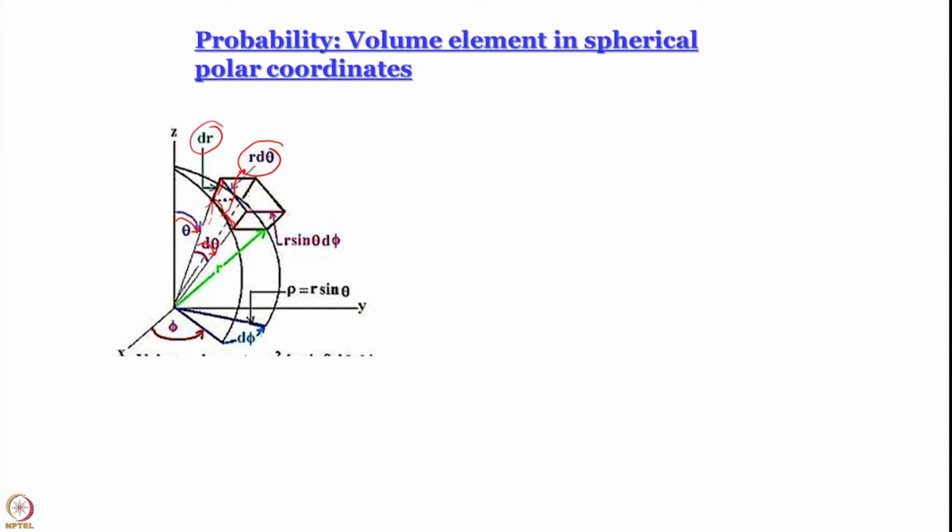This is again something that we learned in very simple 3-dimensional coordinate geometry in 11-12, the expression for the length of an arc, r d theta. So, two sides of the volume element are defined. Now, the third side is this one. To get this, we should go down to the xy plane, because that is where phi is defined.